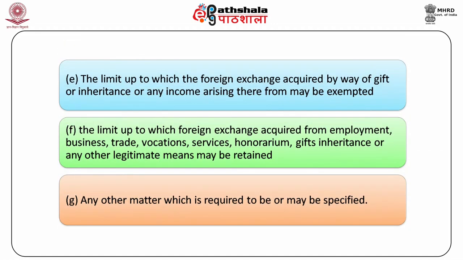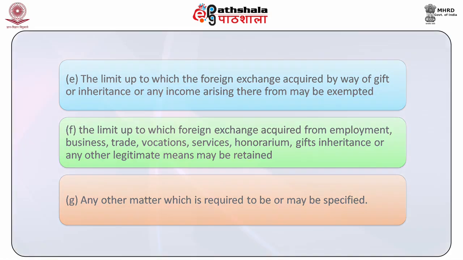E. The limit up to which the foreign exchange acquired by way of gift or inheritance or any income arising therefrom may be exempted. F. The limit up to which foreign exchange acquired from employment, business, trade, vocations, services, honorarium, gifts, inheritance or any other legitimate means may be retained. G. Any other matter which is required to be or may be specified.